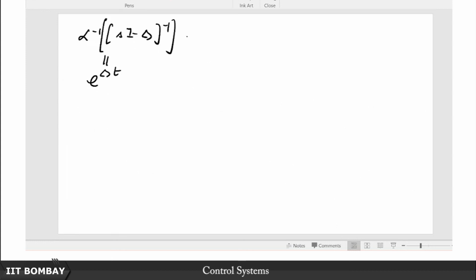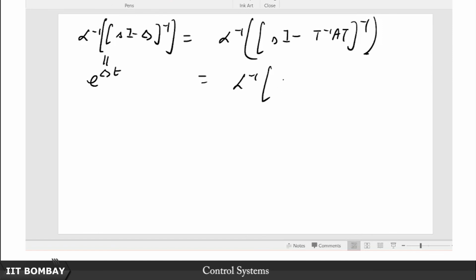On the other hand, this can be written as the Laplace inverse of (sI minus, I believe it was, T inverse At is how we represented this). Again we apply the same trick, it always works like that. So (s T inverse T minus T inverse At) whole inverse, like this.